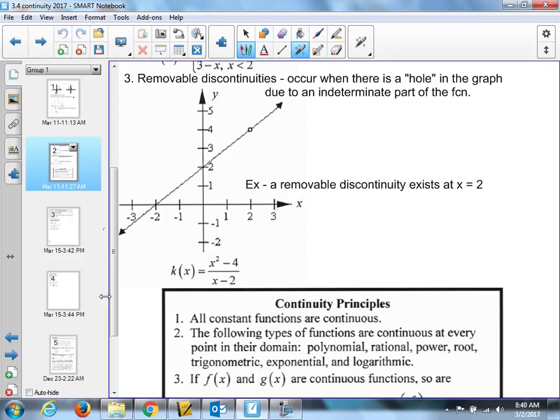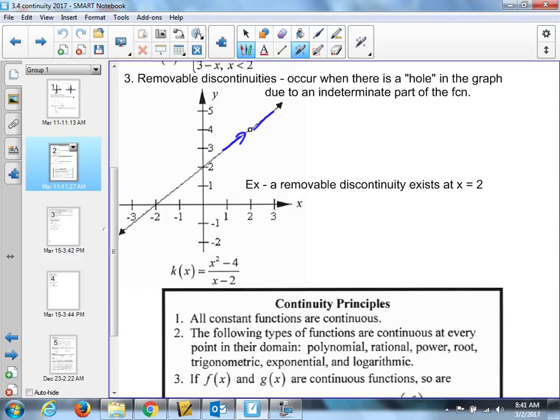The third type that we look at, removable discontinuities. And you're familiar with these from your rationals work in pre-calc 30. This is where you can factor out. When you had an indeterminate result of 0 out of 0, and we can evaluate those limits too.